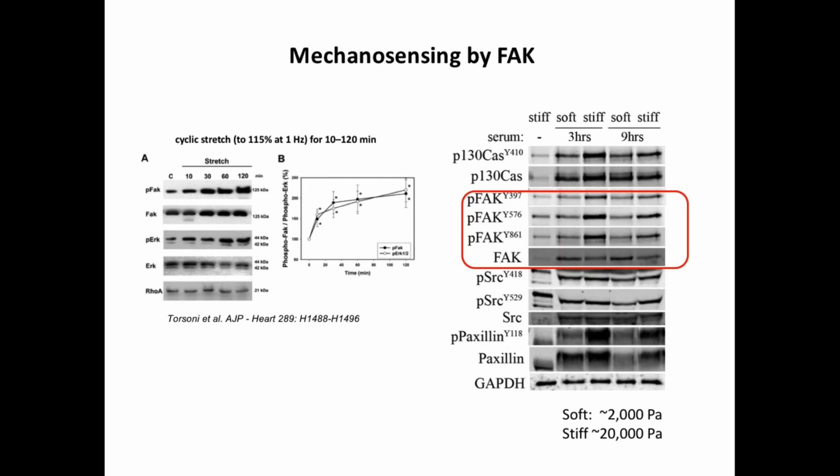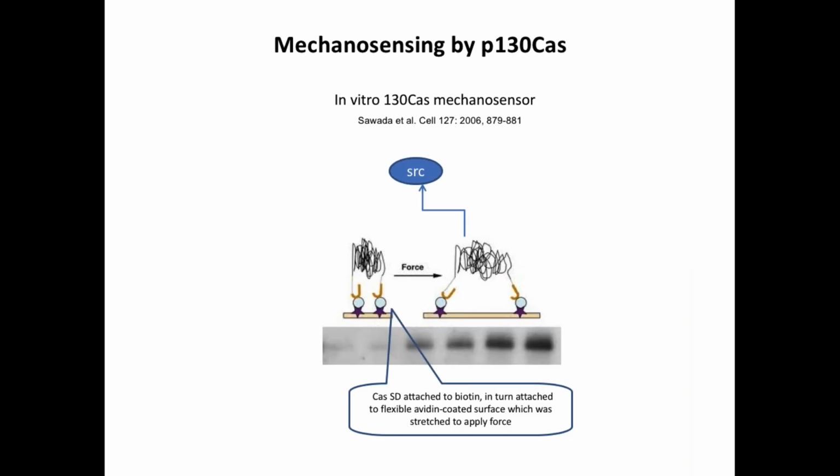If you look at total FAK, it stays relatively constant here, soft, stiff, soft, stiff, soft, stiff. But these different tyrosine phosphorylation sites increase, as does phosphorylation of other focal adhesion proteins. Again, this is the common paradigm of protein motifs, phosphorylation, and changes in the affinity of these non-covalent interactions.